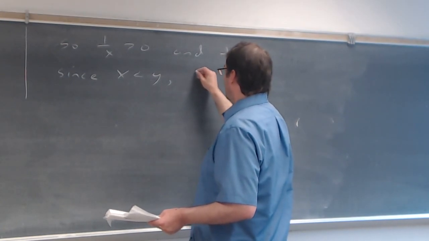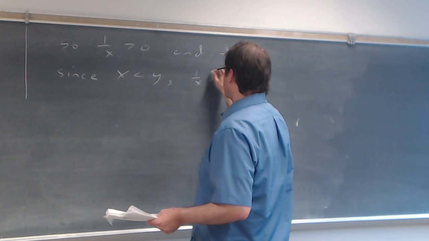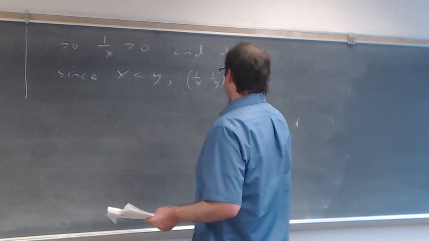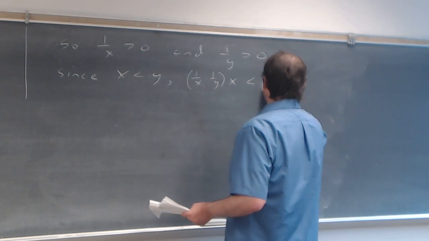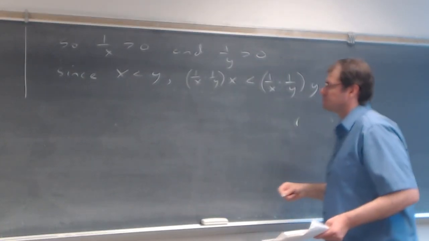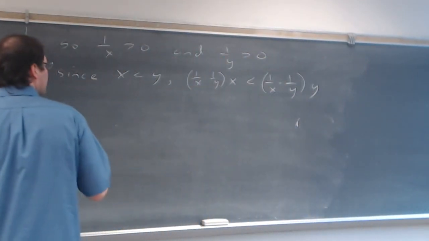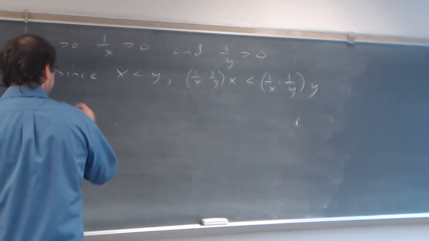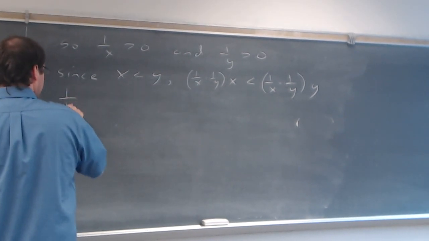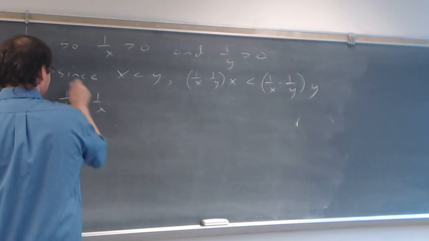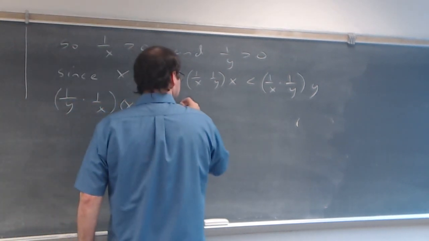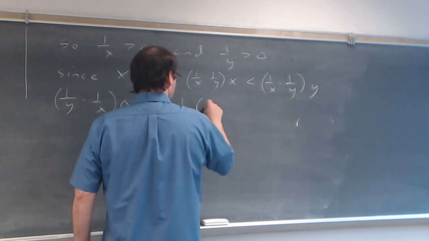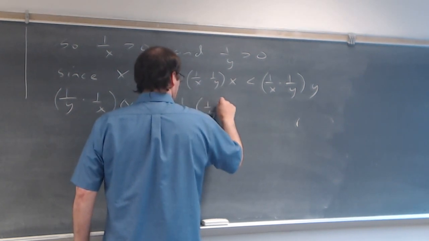So that means 1 over x times 1 over y times x will be less than 1 over x times 1 over y times y. Okay. And here, if you commute these, you have 1 over y times 1 over x times x is going to be less than, and here I'm going to reassociate these, 1 over x times 1 over y times y.